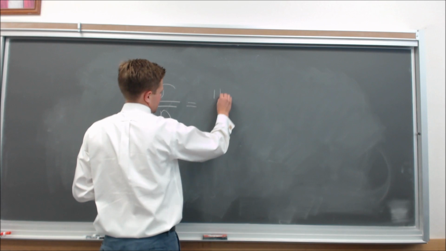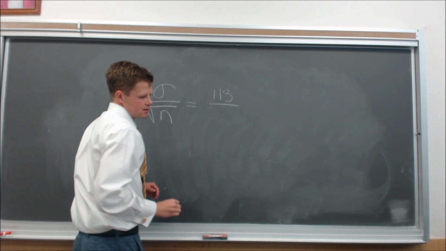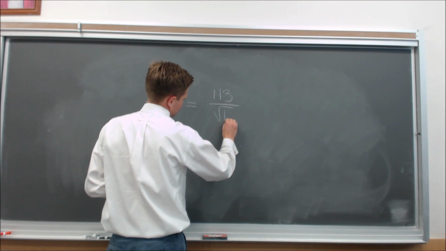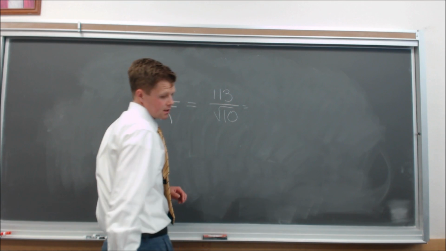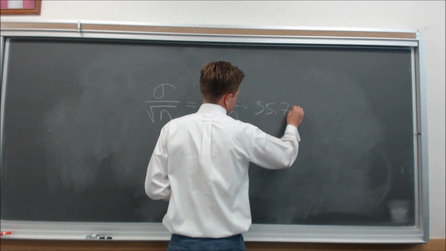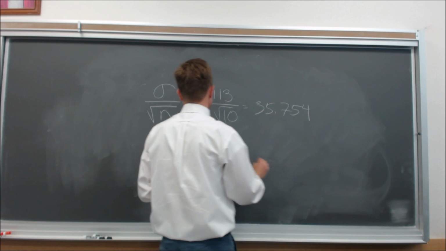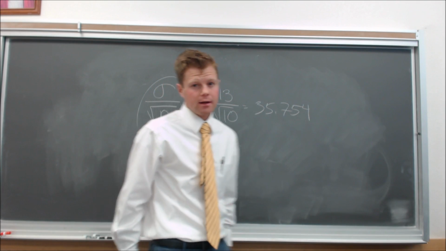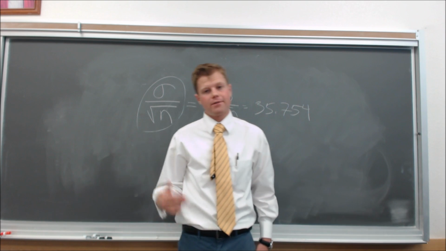So with 113 divided by the square root of our sample of 10, type that into the calculator and we get 35.754. Okay? So remember, that is the equation to find the standard deviation of the sample mean.